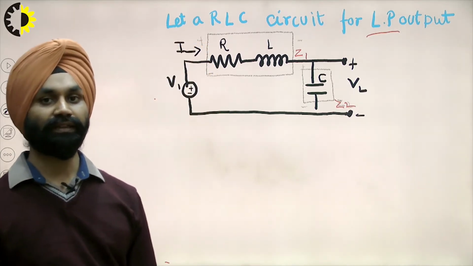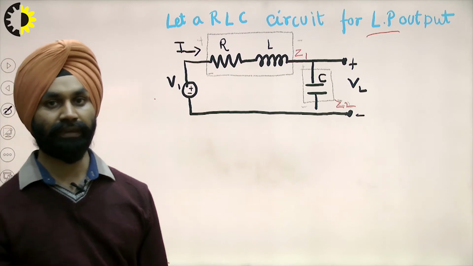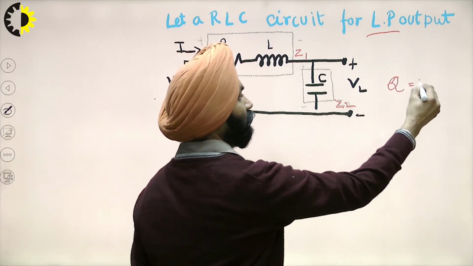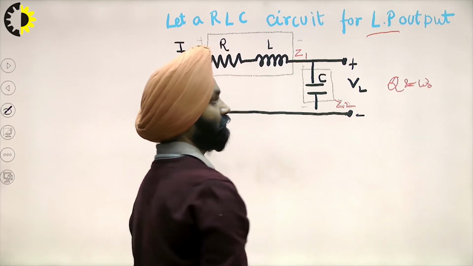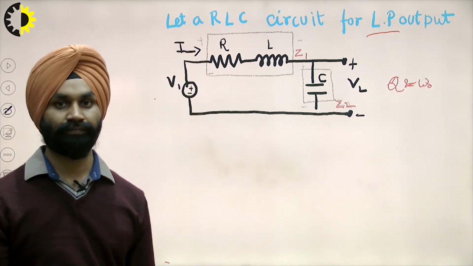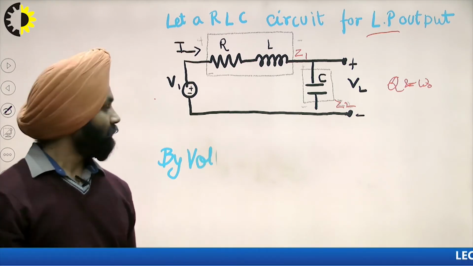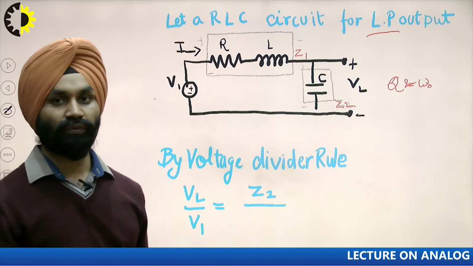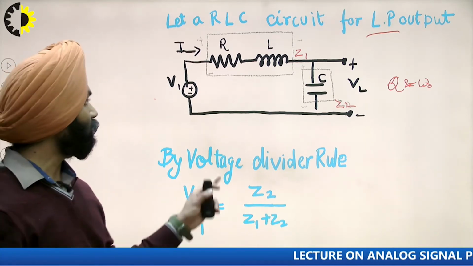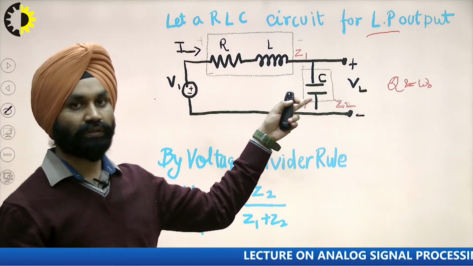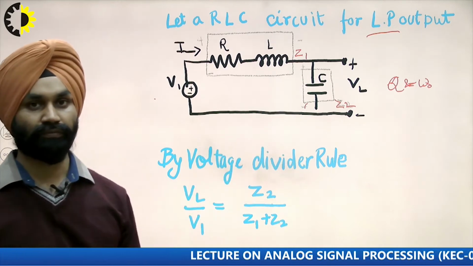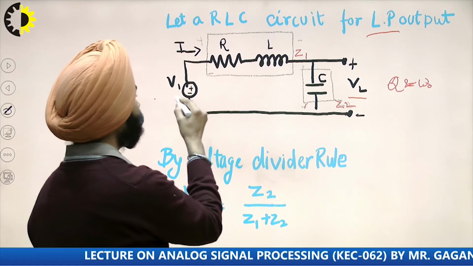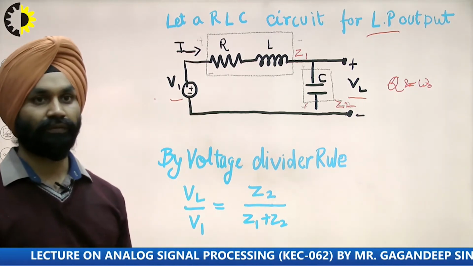Now, let us analyze this and find out the various parameters, Q and omega naught. By the voltage divider rule for Z1 and Z2, we can say that VL is equal to Z2 upon Z1 plus Z2. The output is VL, on one side, and the other side is V1.